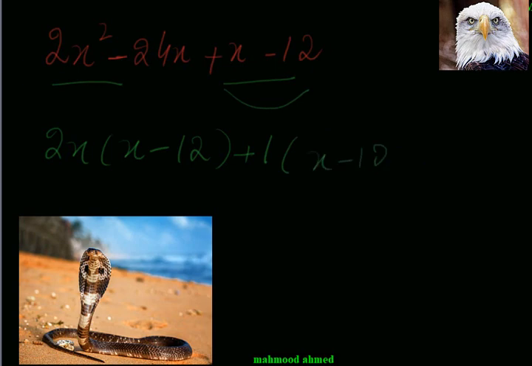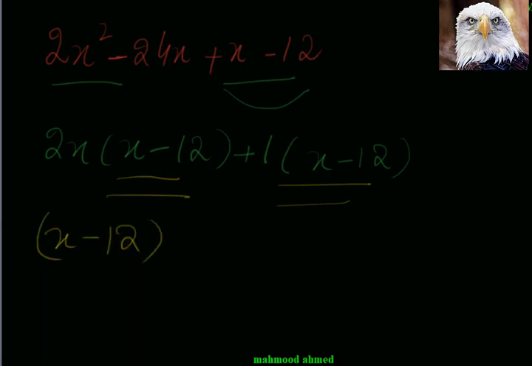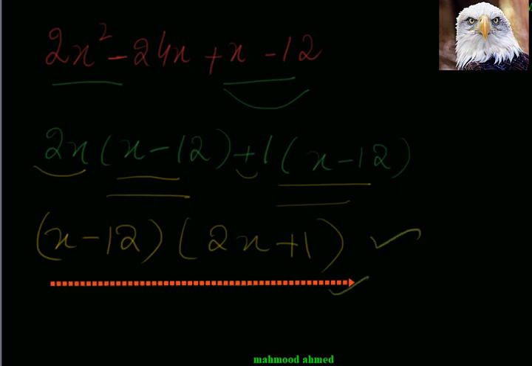As I told you in the previous case, in both halves the common factors must be the same, so you see in both halves x minus 12 is common, so I take it common and I write the leftover 2x and then plus 1. So these are the factors of the above equation, which was slightly different, 2x square minus 23x minus 12. These are the two factors for this equation.